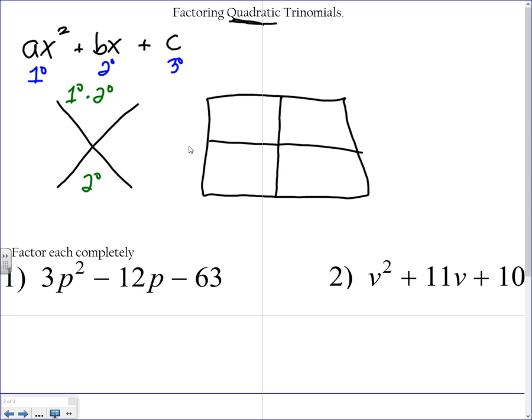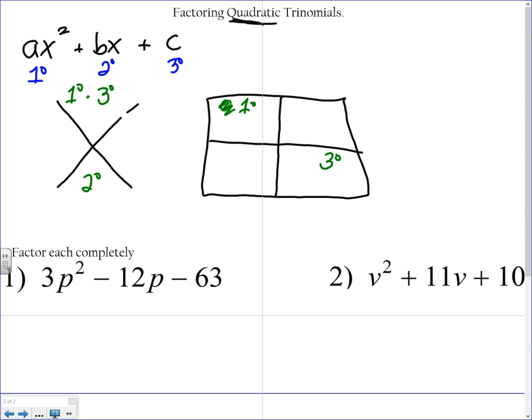And this will be the first term, and this will be the third term. Okay, and that is something you have to memorize.